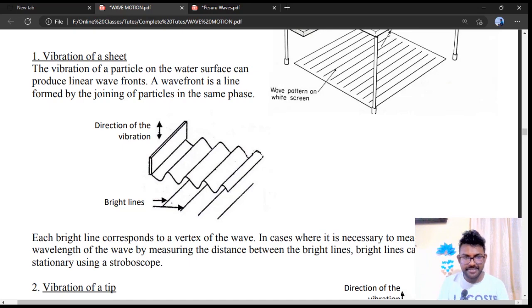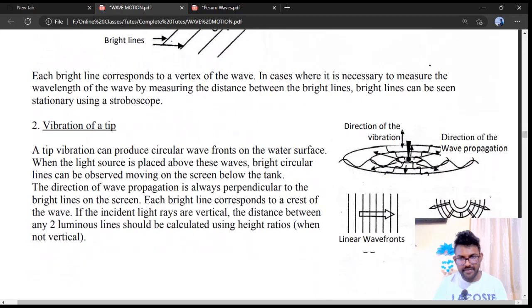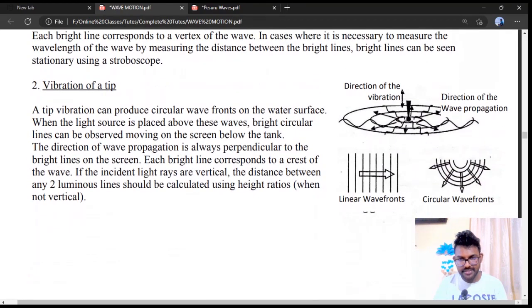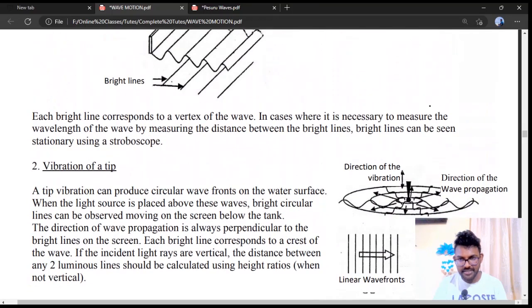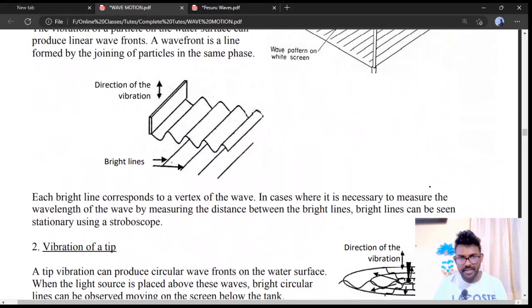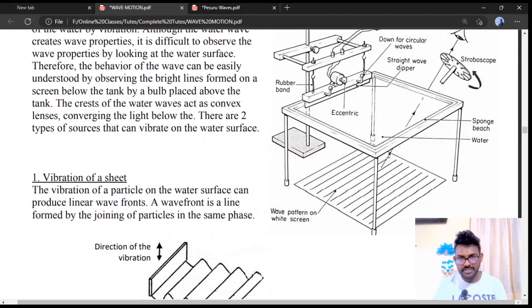You can just easily measure the lambda of the wave that we can construct. All right, then what we can do, instead of this linear wavefront, we can just consider some circular wave. We can construct the circular wavefronts by replacing this vibrating sheet with a single tip.